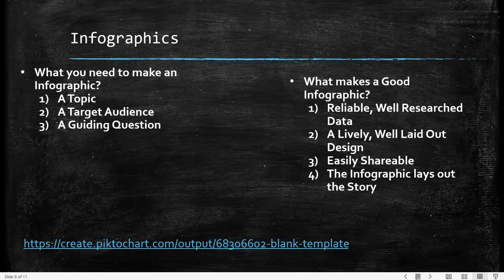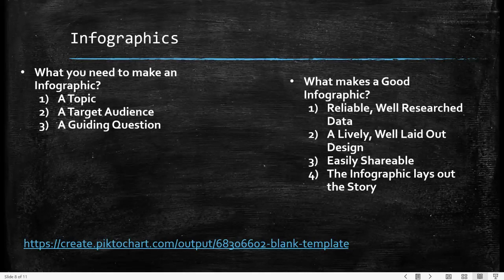But what do you need to make a good infographic? The first thing we need is a topic, and we need to research that topic and digest all the info that you've researched to formulate your infographic. So you need a topic. The second thing you need is a target audience. Is this target audience your students, colleagues, parents?